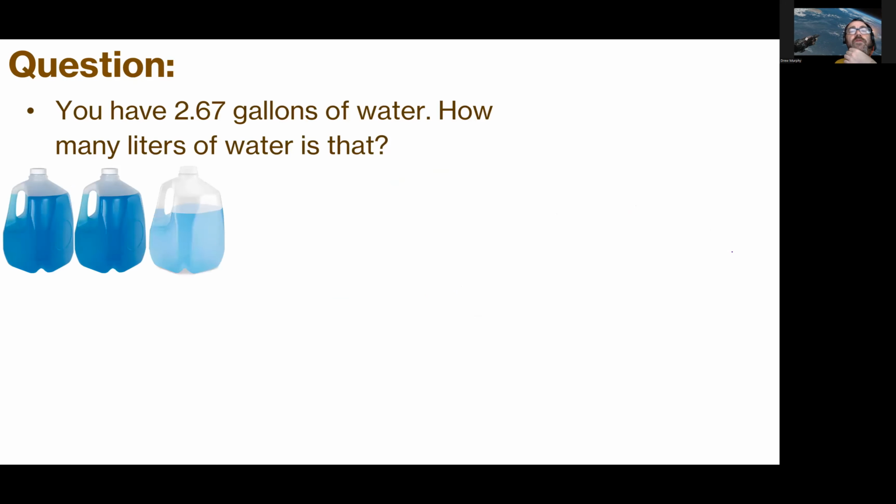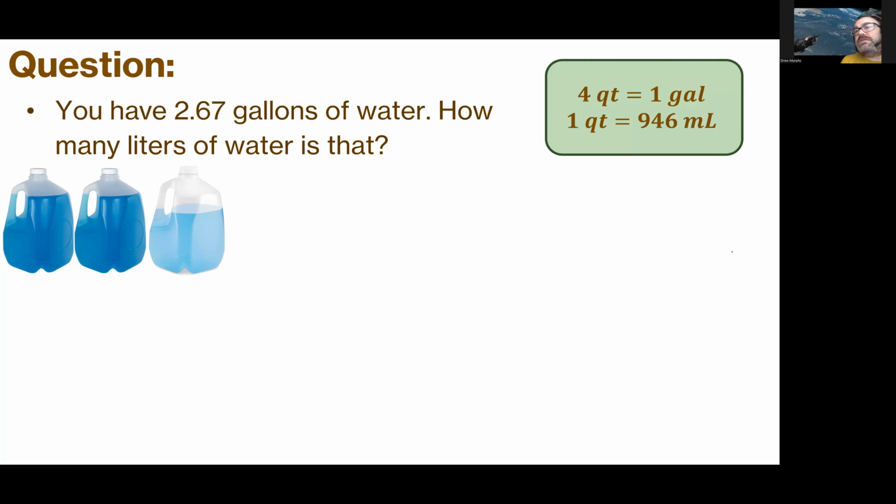All right, we have 2.67 gallons of water, and we want to know how many liters of water is that. Okay, now we're getting into converting things, and this is probably scary, so let's think through it. Some conversion factors you'll be given, and some you're expected to know. So I expect you to know the metric prefixes.